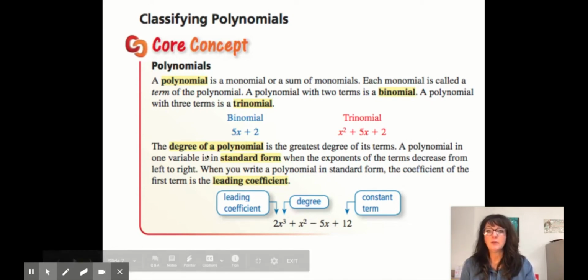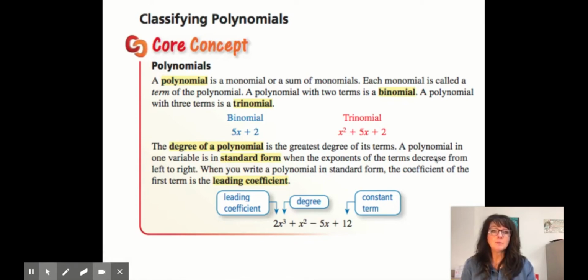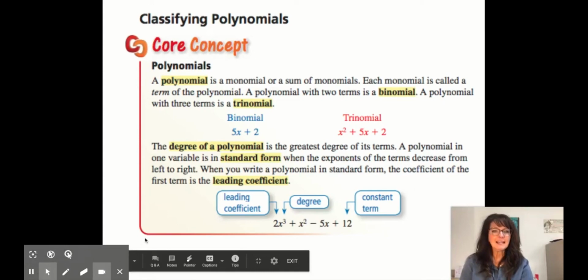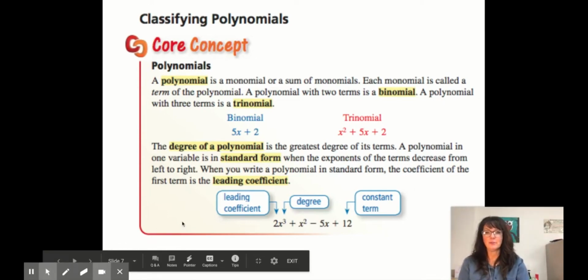So a polynomial in one variable is in standard form when the exponents decrease from left to right. So one of the things I like to say is it's in descending order of the variable, descending order of the power of the variable. So we start with the cubed, then the squared, the first power, and then obviously, an exponent of 0 right here.